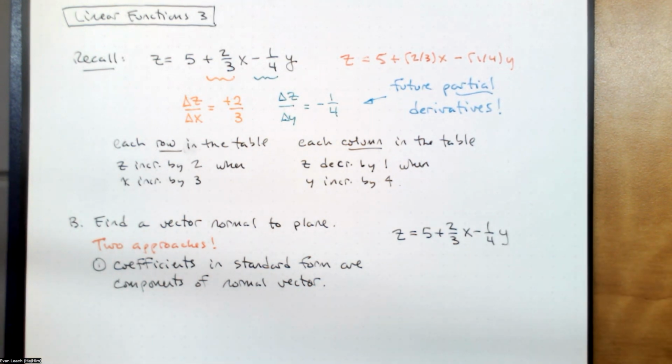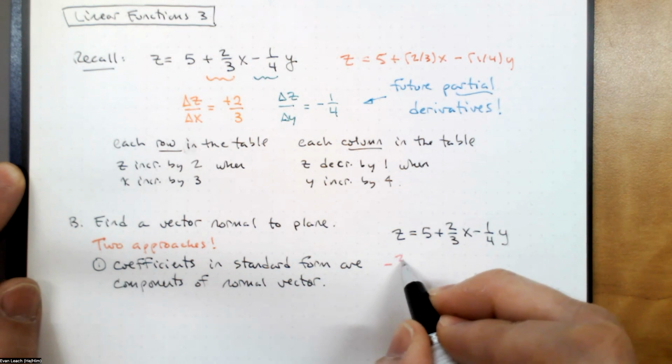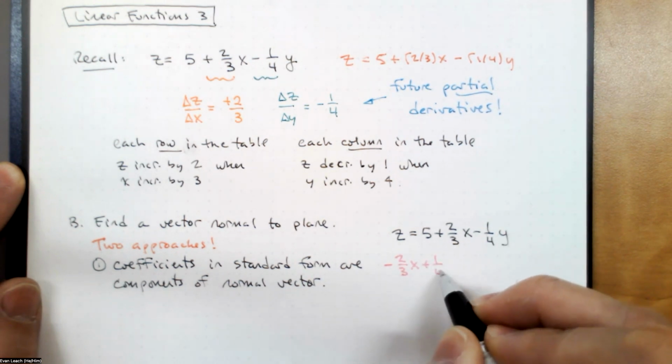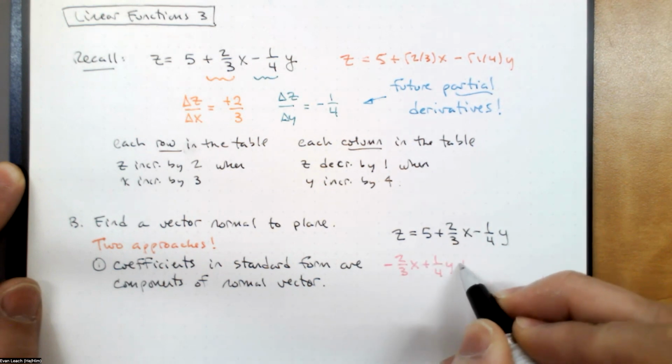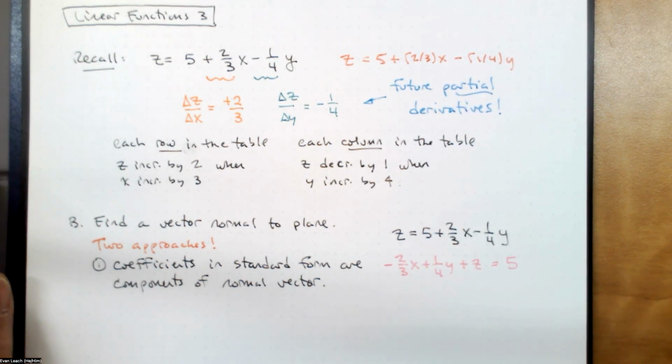So if we take this equation and rewrite it in its standard form, which would be all the variable terms on one side and constant terms on the other, or some minor variations of that, I write negative 2/3 x plus 1/4 y plus z, that was just still there, is equal to 5.